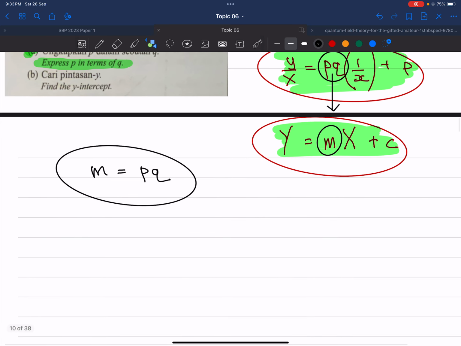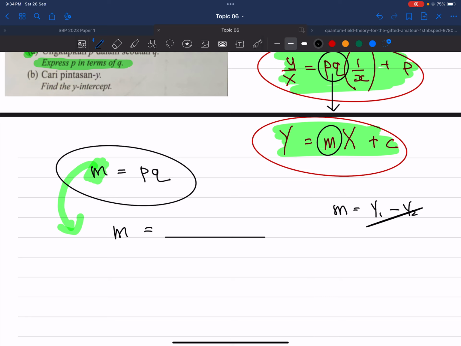Now for the gradient, I must use the formula from coordinate geometry. Gradient is y1 minus y2 over x1 minus x2.